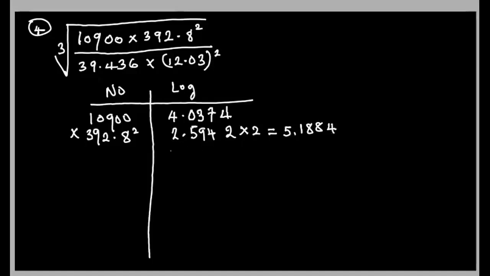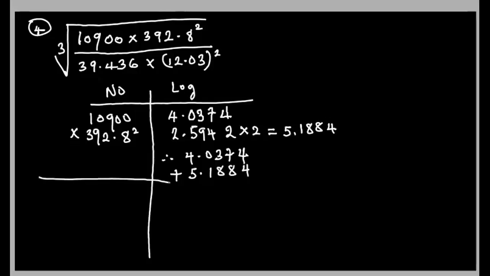Therefore we now add these two values. We add the log value for 10900, which is 4.0374, plus the log value we just had, which is 5.1884.